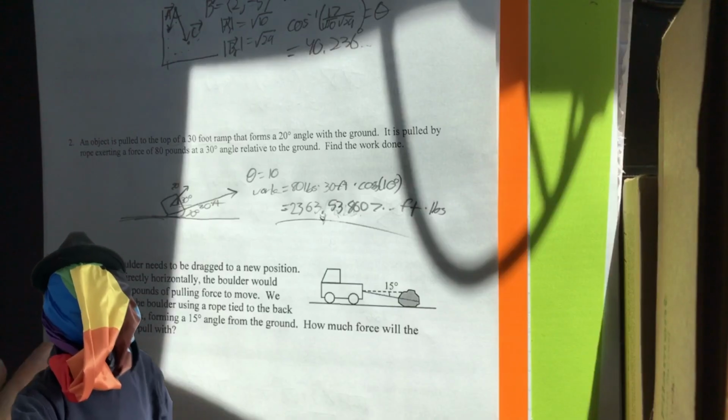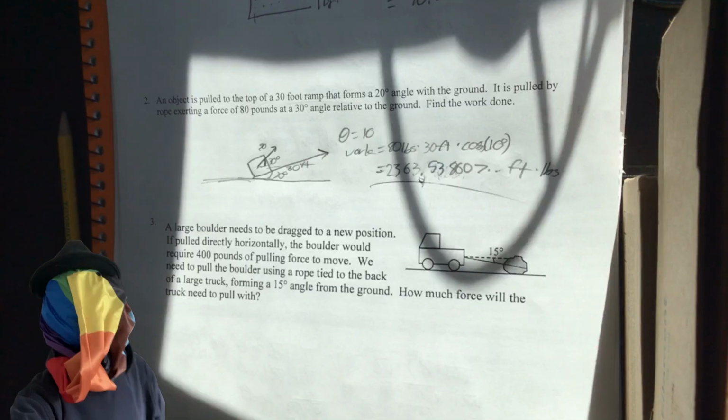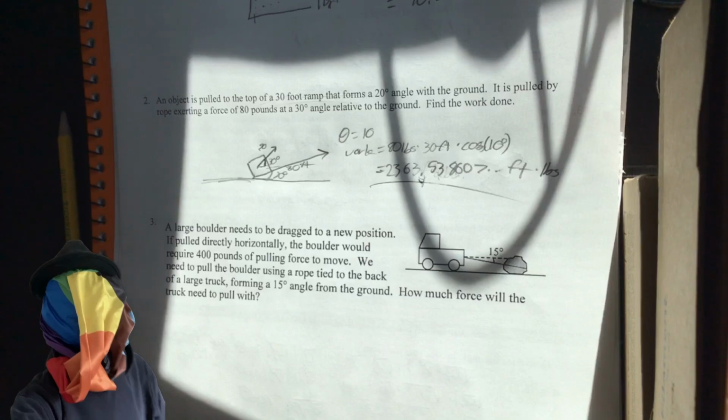Okay. A large boulder is dragged to a new position. If pulled directly horizontally, the boulder would require 400 pounds of pulling force to move.